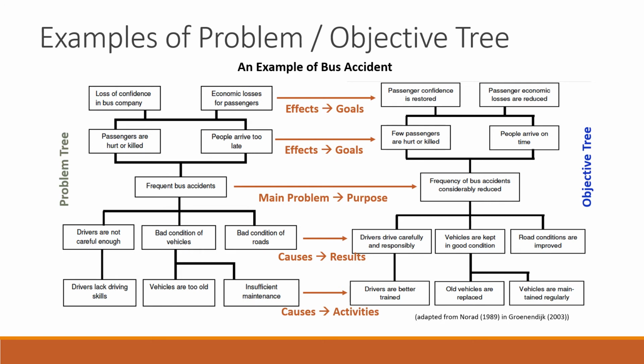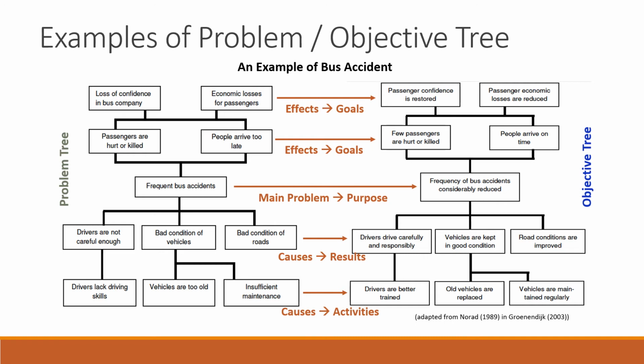So we see, for example, drivers are not careful enough. We change to drivers drive carefully and responsibly. And then we have drivers lack driving school skills, and we change that to drivers are better trained. For example, bad conditions of vehicles is changed in positive as vehicles are kept in good condition.